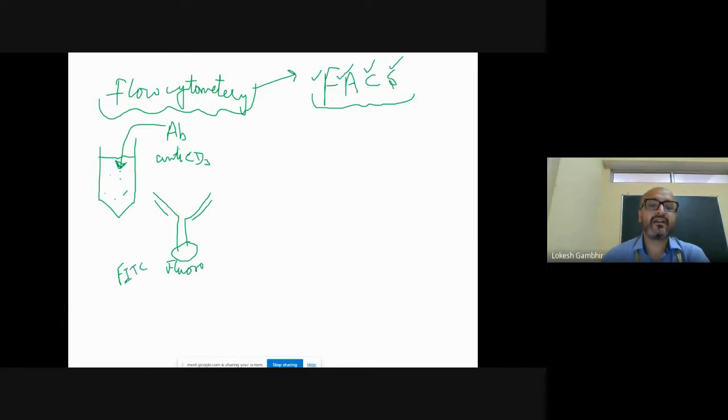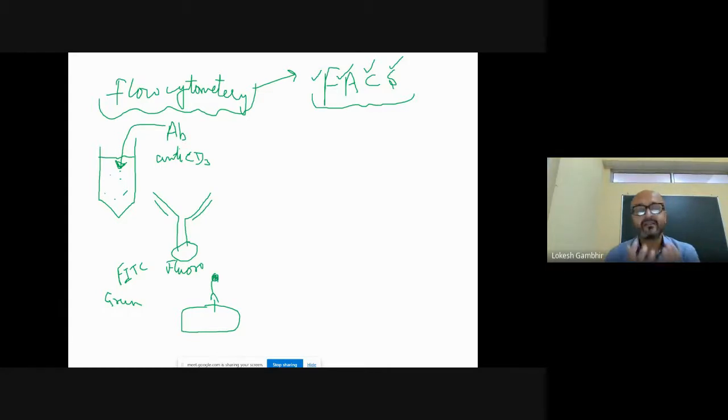This is a compound that exhibits fluorescence, and you understand clearly what fluorescence is: the appearance of light when the electron shifts from the excited to the ground state, and that light falls in the region of green color. So all the complexes, this is the T cell, there is the CD3 receptor, and my antibody is bound to it along with a green color molecule.